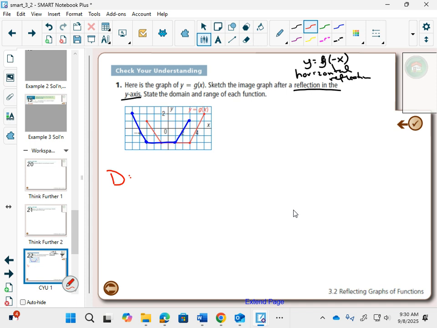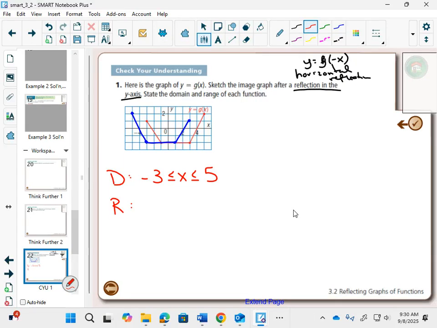State the domain and range of each function. I'm going to do set notation again because we haven't done one like this in set notation. My smallest x value for my domain is -3, and my biggest x value is 5. So when we write in set notation and we are in between two values, we go -3 less than or equal to x less than or equal to 5, which is saying x is in between -3 and 5. Same thing for the range.